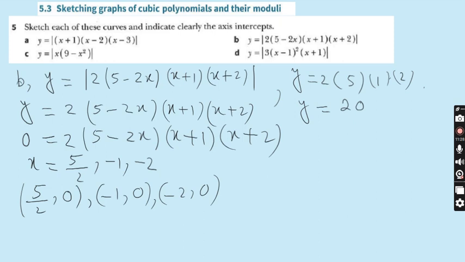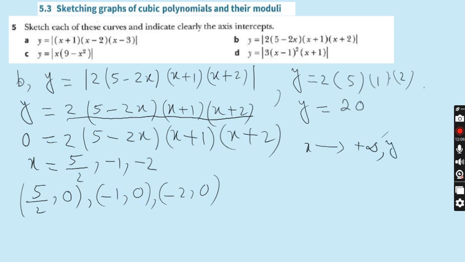Now find the end behavior. So how to find the end behavior? See carefully. If x goes to positive infinity, you can see in the equation that if you multiply all the x, minus 2x into x is minus 2x square, and minus 2x square into x is minus 2x cube.